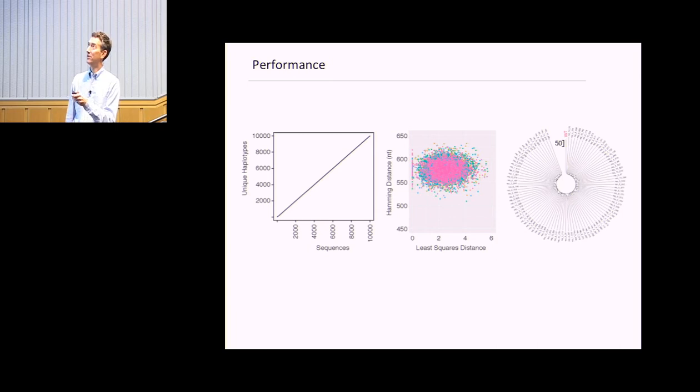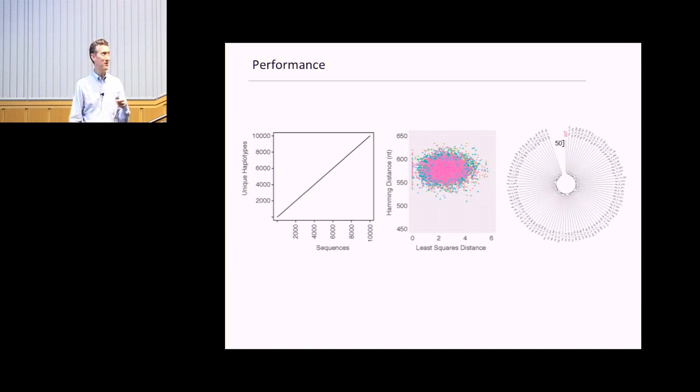Here are the ones that are closest to wild type with the least squares of 0, and they're all distinct sequences. So you could hit on something that's very similar to wild type across this range of metrics, but with very different sequences. And then this is just a neighbor joining tree showing these, I forget how many sequences there were here, 80, 90, something like that, that have this least squares of 0.